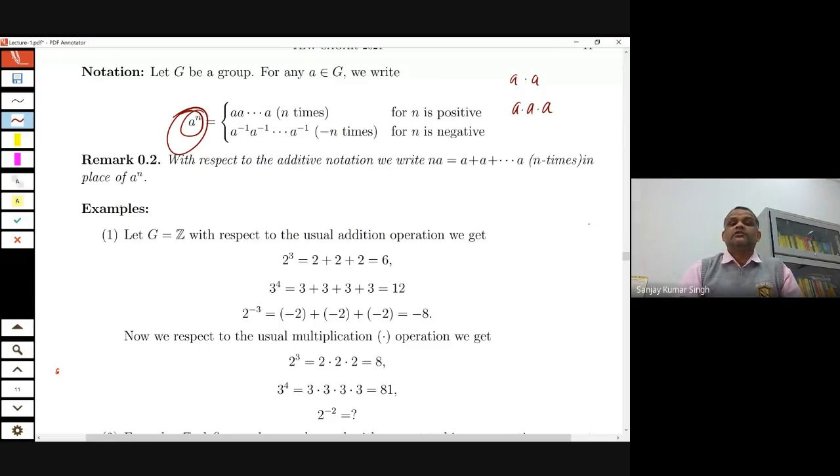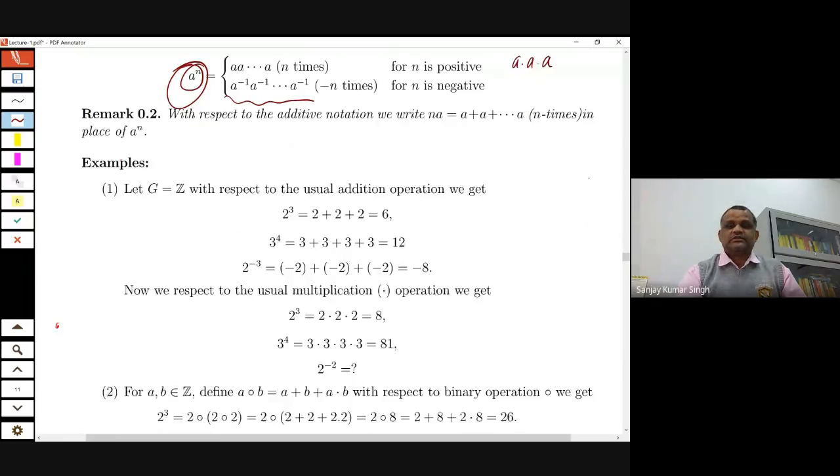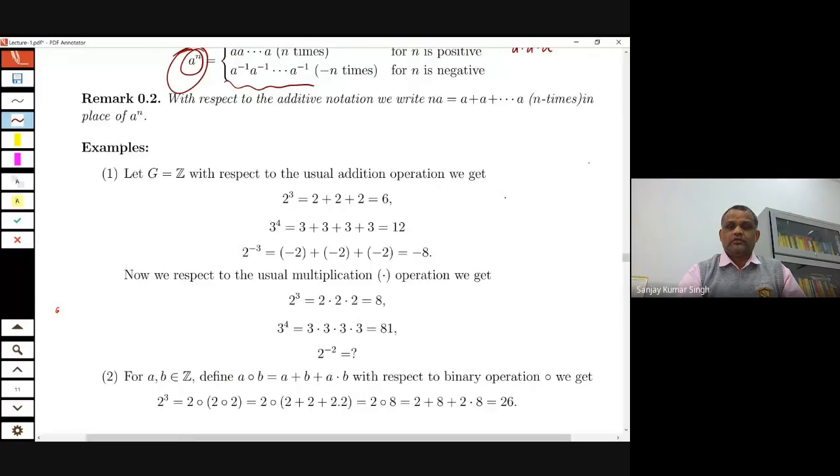If n is negative, then basically I will take the inverse n times. And since you are working in a group, you don't need to worry about the inverse because it automatically exists by the property of a group. And sometimes I will denote them as n times a, if my operation is an additive operation. So this is the notation I am going to follow.